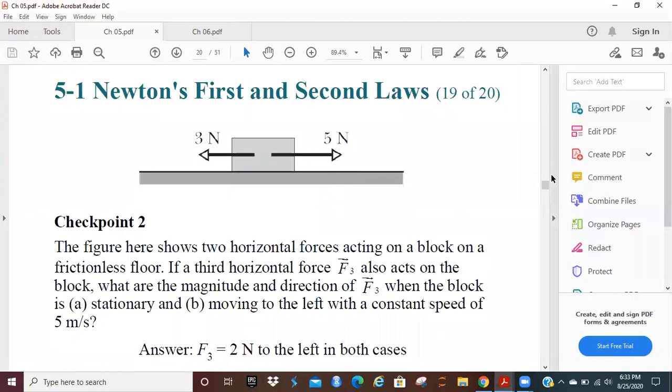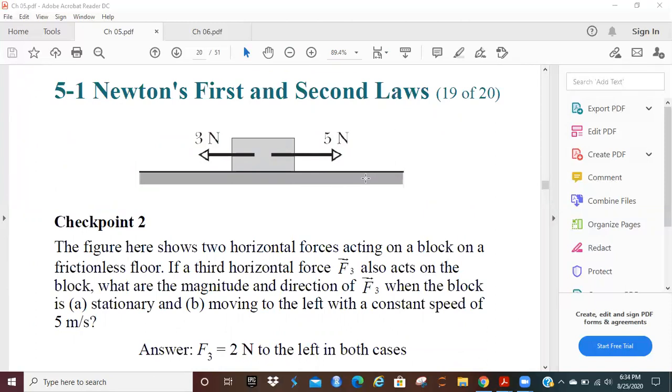All right. So we've got Newton's first and second laws. Going through the checkpoint here, we've got a figure that shows two horizontal forces acting on a block on a frictionless floor.